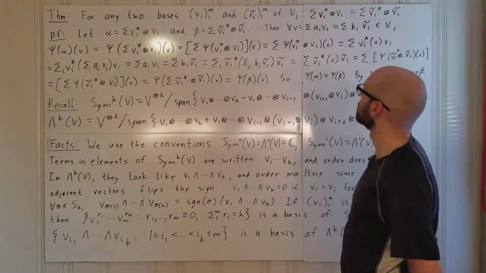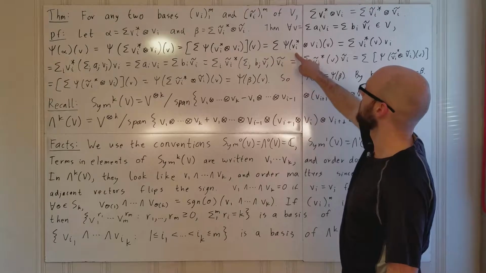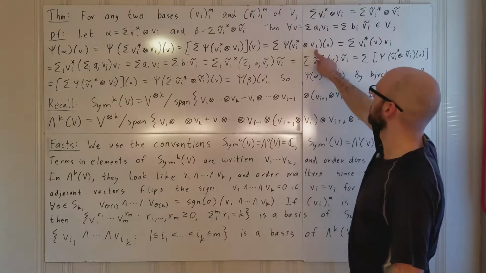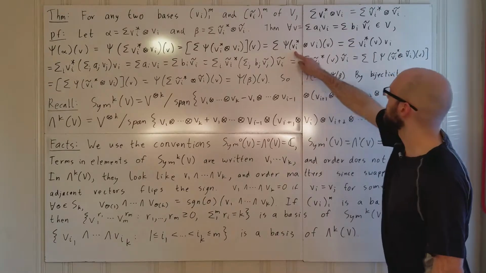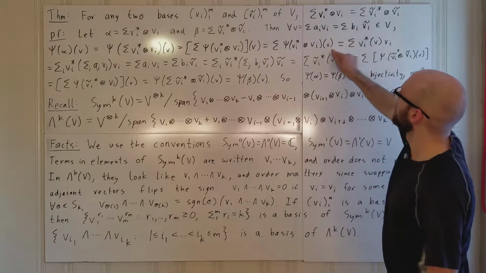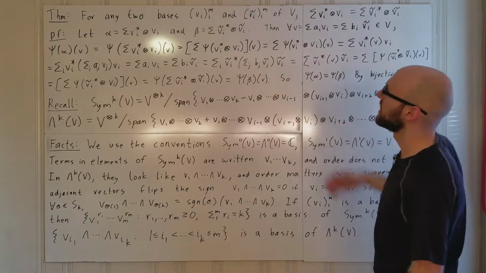So psi of something tensor something else, evaluated at v, is equal to taking the first thing, evaluating at v, and then multiplying by the second thing. So this is what psi is.